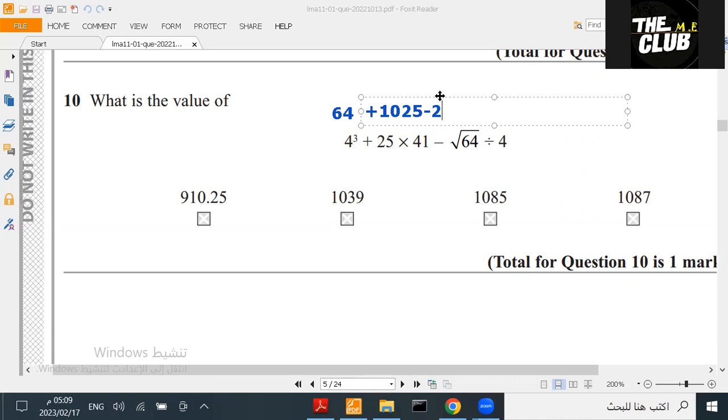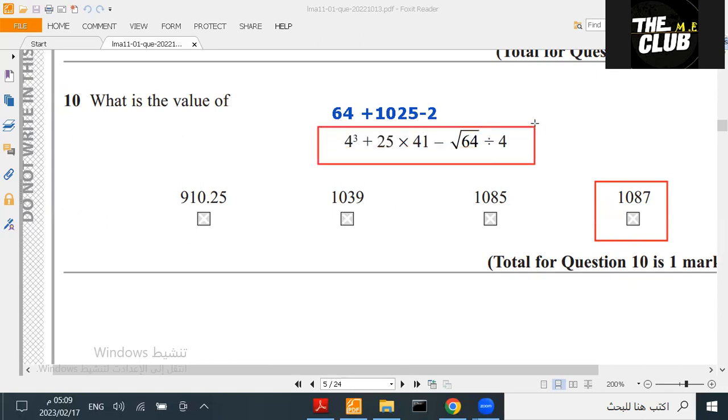And then you work these out together هيجد عندك 64 plus 1025 minus 2 هيطلع 1087 and this is the answer for this question. You can put all of this in the calculator, it will give you the same answer, and this is how you answer a question like this.